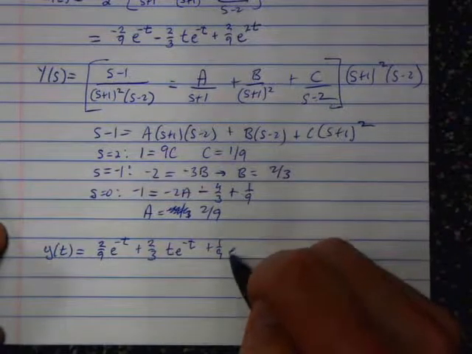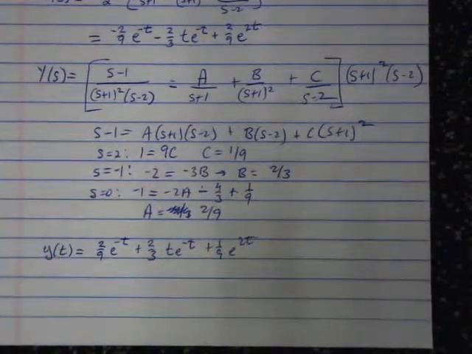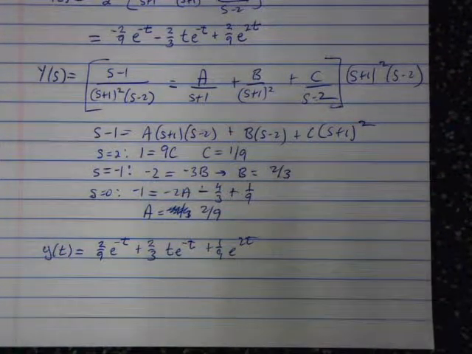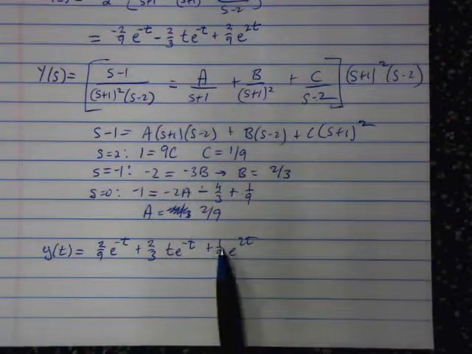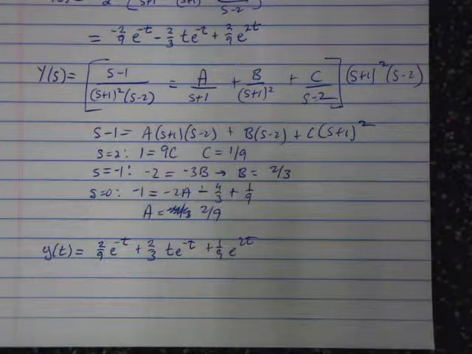Look in my chart. That one's an e to the 2t. They're almost identical. I agree. In fact, the coefficients are the only thing that's different. Your equation should look exactly the same, simply different coefficients.